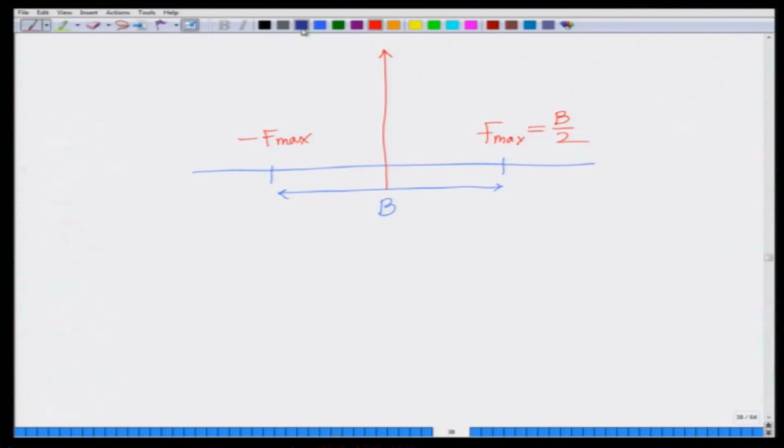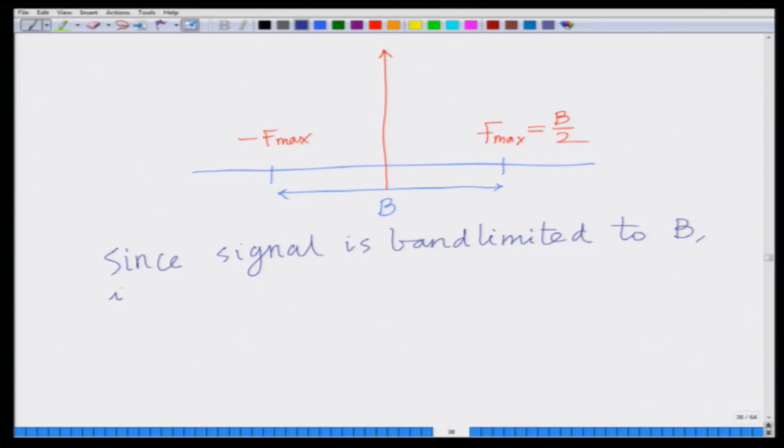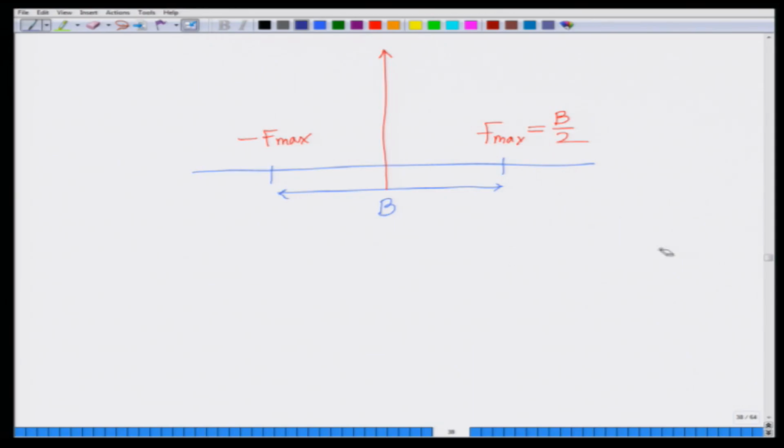Since the signal is band limited to f max, it can be sampled at twice f max, that is the Nyquist rate, twice f max equal to B.